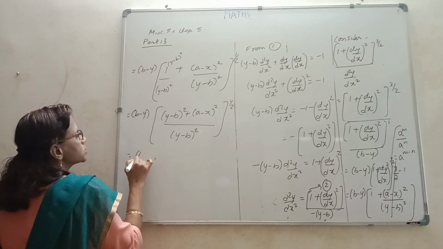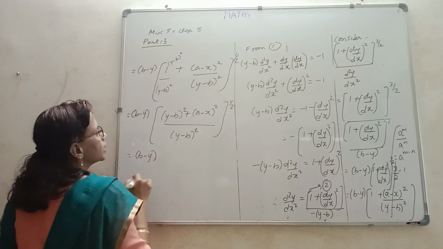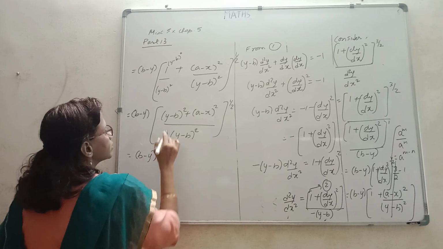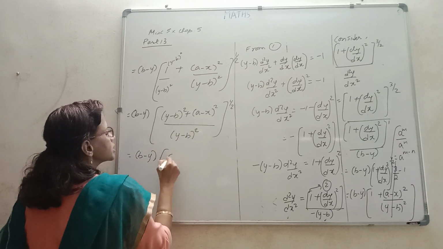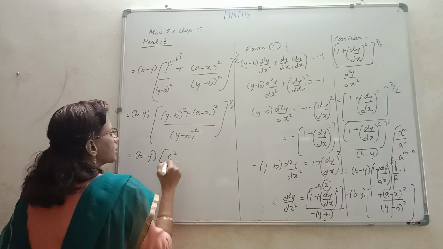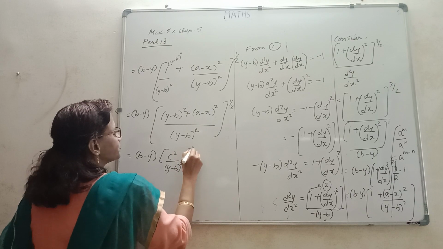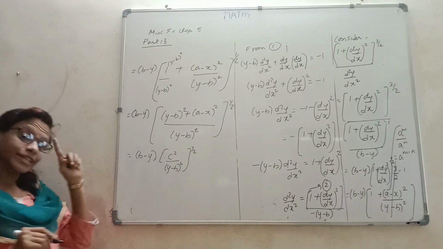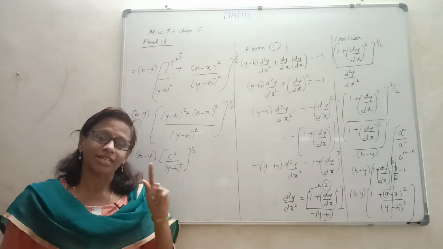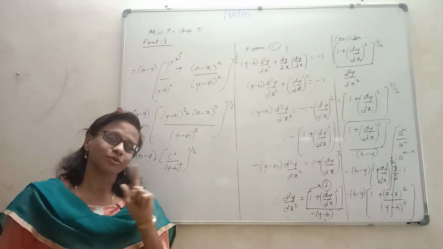So this becomes b minus y, and this expression, we know it is c squared for us. Why? Because of the earlier given expression, x minus a the whole squared plus y minus b the whole squared equals c squared.